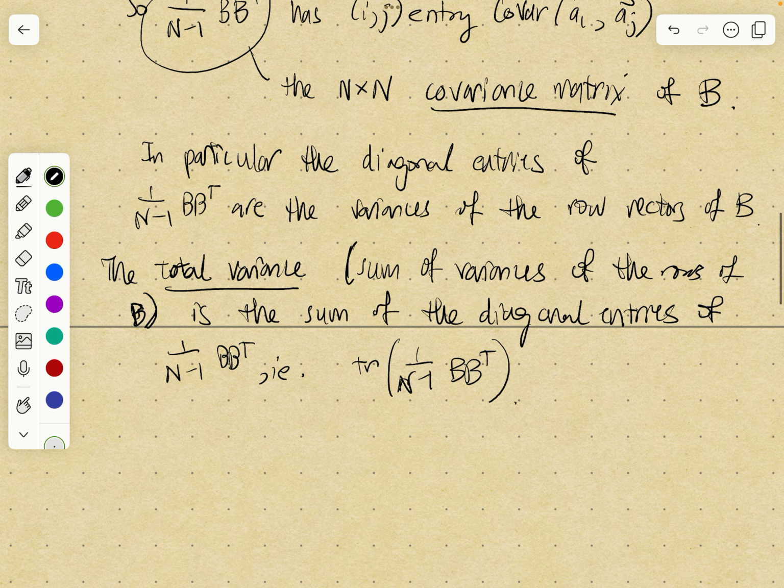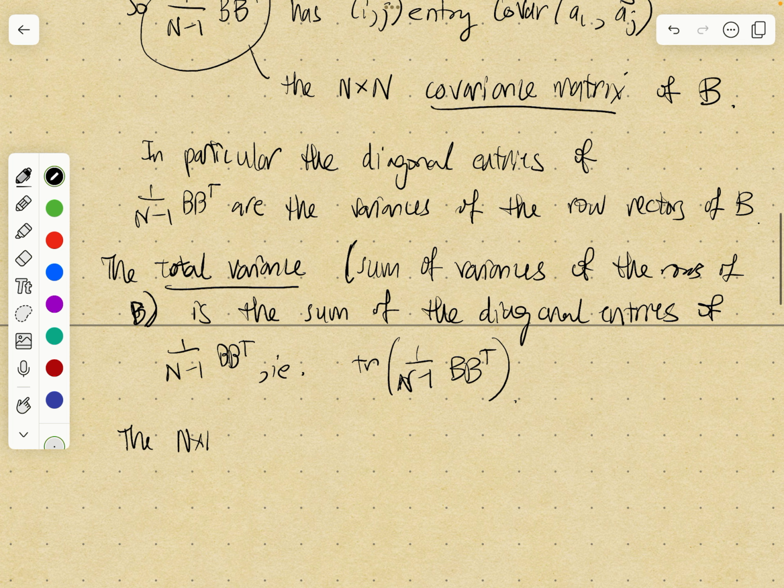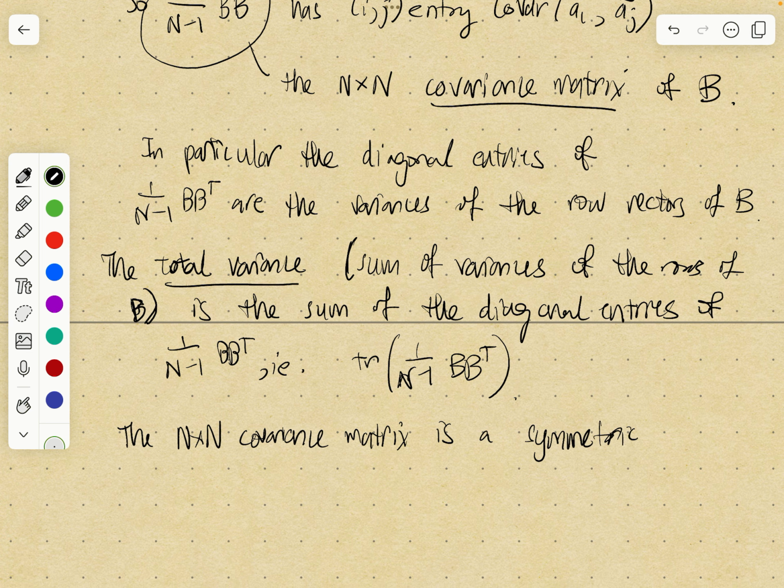The covariance matrix is a symmetric matrix. And so it has an orthogonal diagonalization, right?